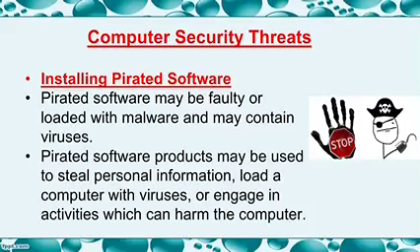Pirated software may be faulty or loaded with malware and may contain viruses. Pirated software products may be used to steal personal information, load a computer with viruses, or engage in activities which can harm the computer.